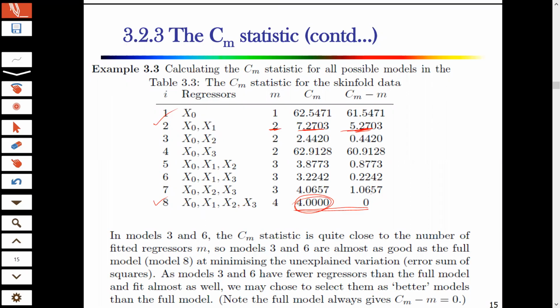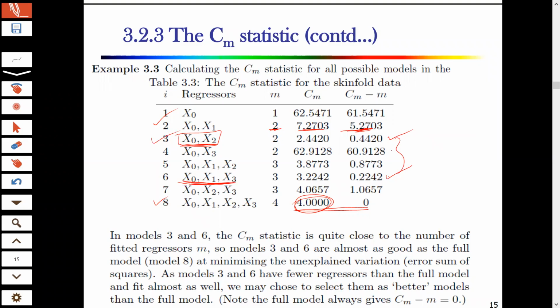But on the other hand, look at model 3 and model 6. The difference is the closest one. You can either choose this one, x0, x1 and x3, or model 3 with only one variable x2. You can choose any one of these, but in my opinion I will select this one, because it is the simple model, including only one independent variable x2, and the difference between them is not that much.